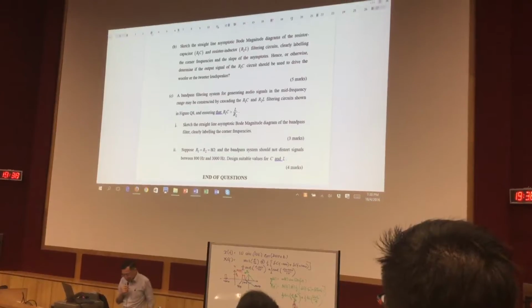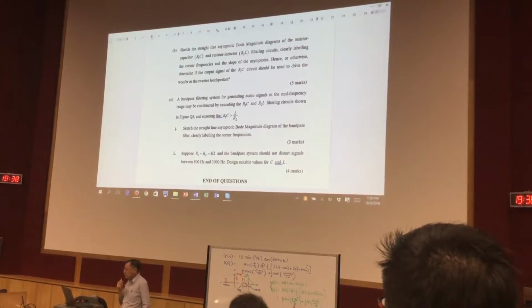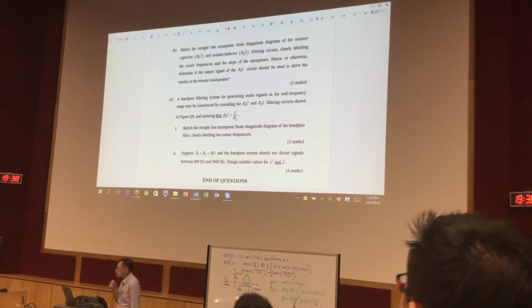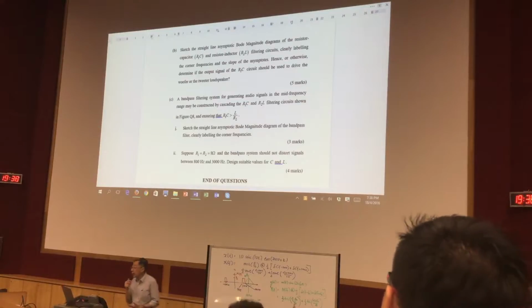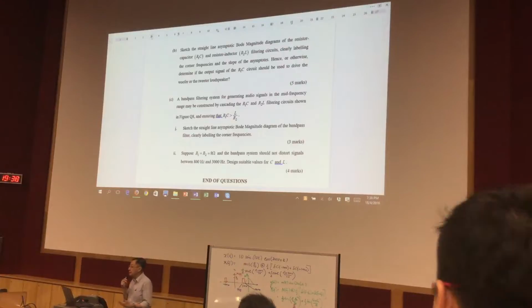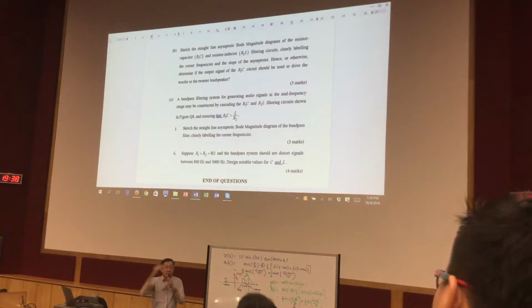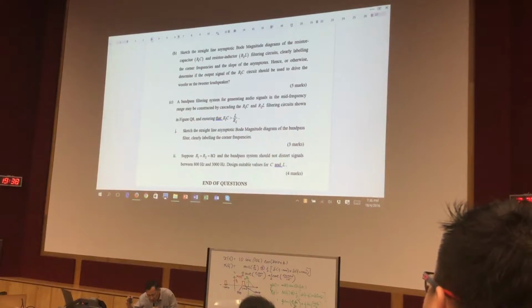So after you've done the sketching, the last part is you're given R1, you're given R2, okay, and the bandpass filter should not distort signals between 800 Hz and 3 kilohertz. Design values for C and L. So once you know where the cutoffs are, one is based on C and R1, the other one is based on L and R2.